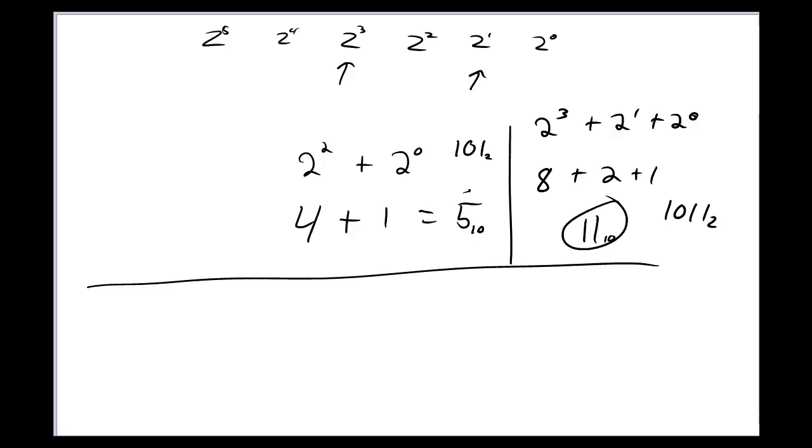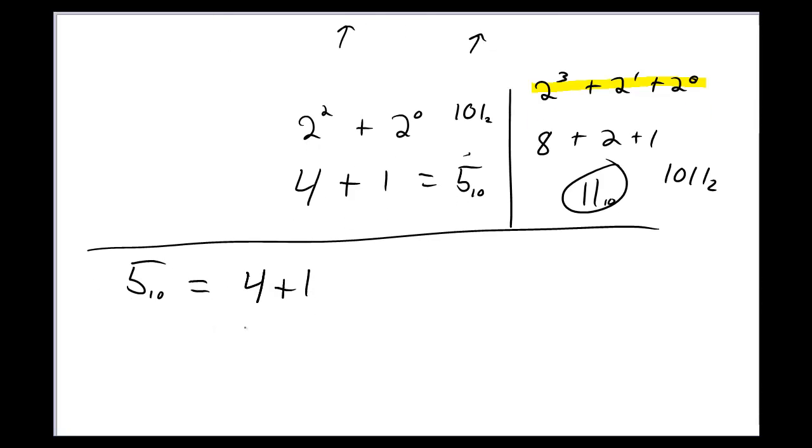Just like we took the binary numbers and split them apart into powers of 2 and then added those together, well, if you start out with 5 in base 10 and want to convert it to binary, here's what you do. You try to figure out what is the highest power of 2 that can fit into 5. 4 is the biggest number that fits into 5. And once you've taken 4 from 5, you've got 1 left over. We rewrite 4 as 2 squared. You rewrite 1 as 2 to the 0.